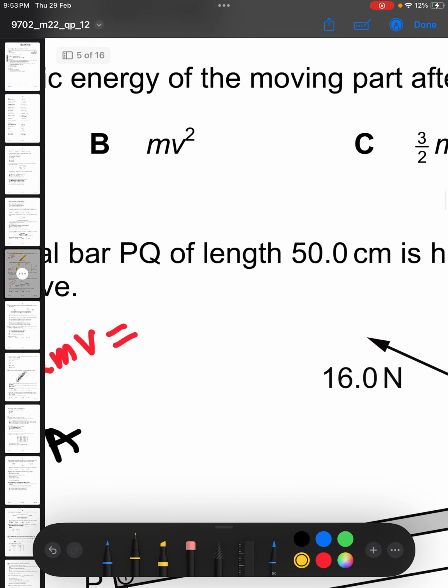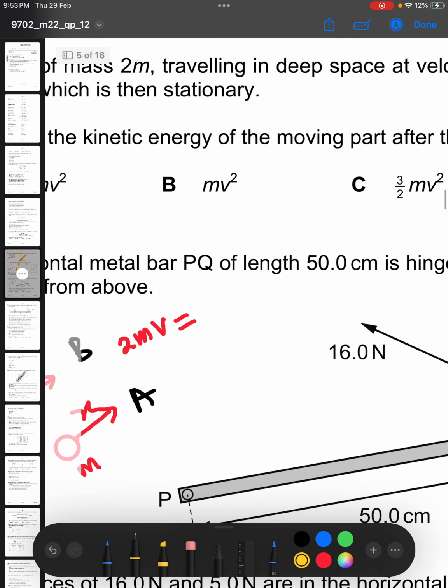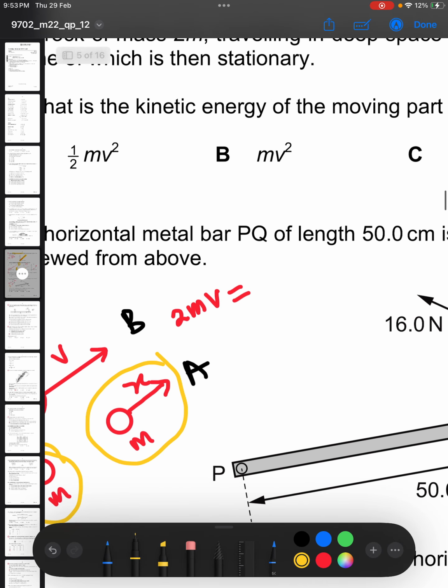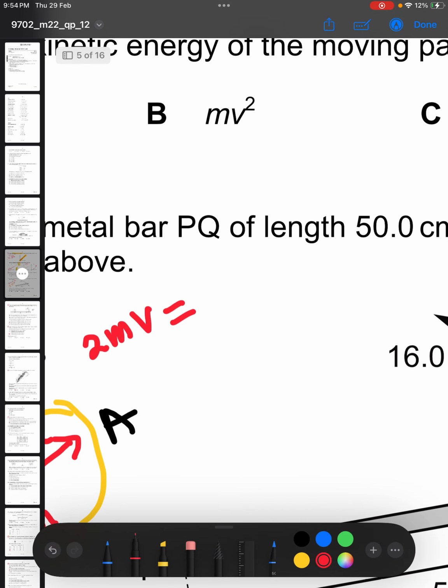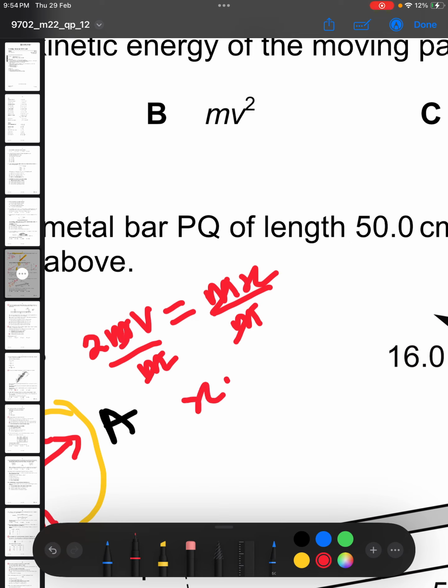So its momentum will be m times 0, which is 0. So we are left with this one, whose momentum will be m times x, and we are looking for x, remember. We then divide both sides by m, so x is equal to 2v.